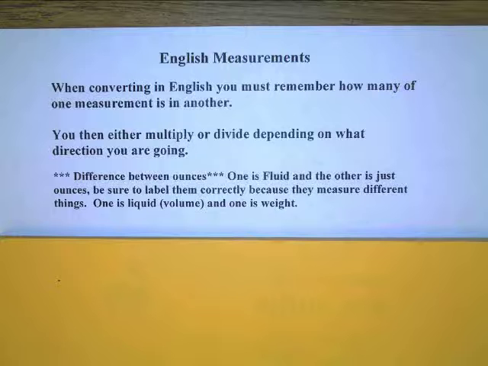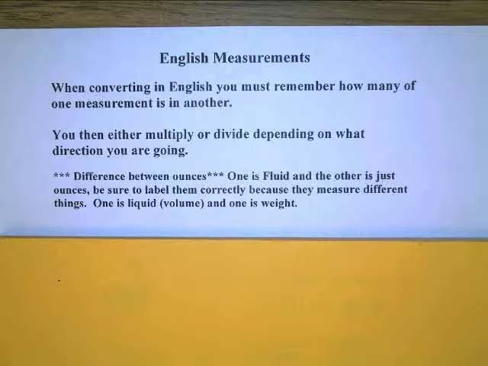In the English, we have to remember how many feet are in a yard, how many feet there are in a mile, how many inches there are in feet, how many fluid ounces there are in a pint. All of those things.